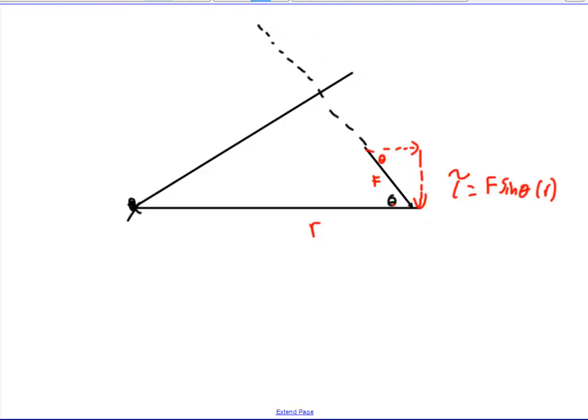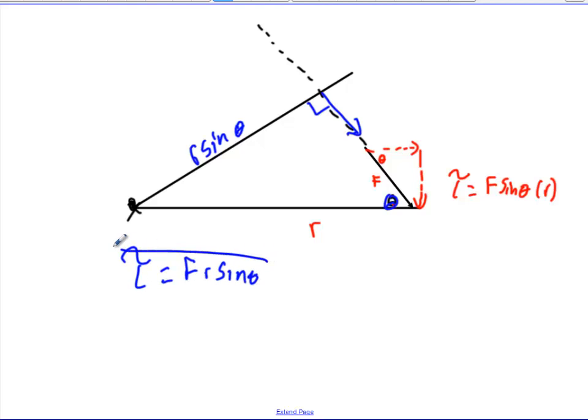Then what I can say is this is a right angle between my force and my lever arm. This is the angle theta. This is the hypotenuse R, which makes this side R sine theta. The force is now still applied in its original direction, and it's perpendicular. So I get torque is equal to F R sine theta. And this is usually how we derive it. Not a big deal. I don't care which way you choose to do it. You're still essentially finding the component of the vector that has the force and the lever arm perpendicular to each other.